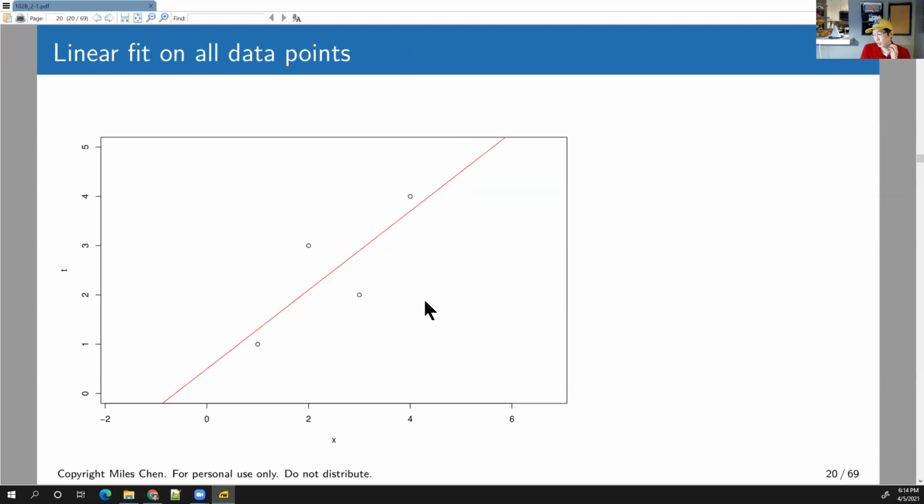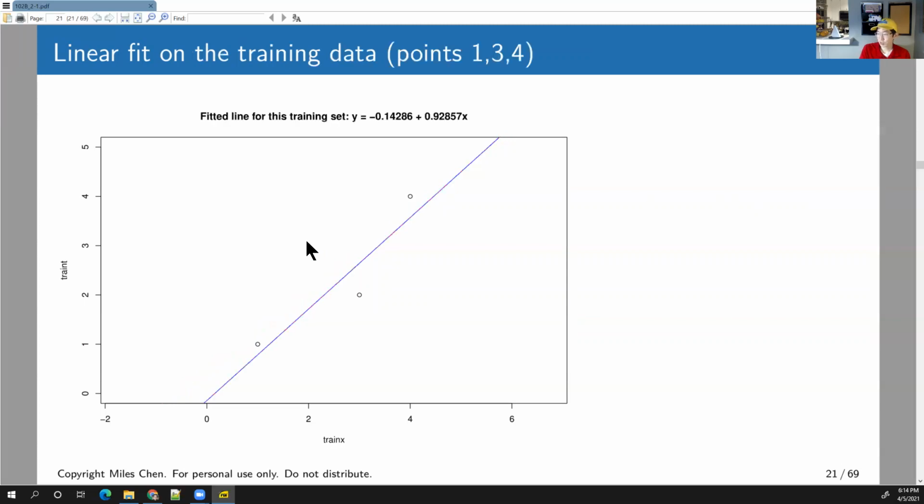We do it for each data point being left out. So this time we're going to leave out point number 2. I'm going to cover this up. If I remove that and fit a line to the remaining 3 points, this is the line that best fits them.